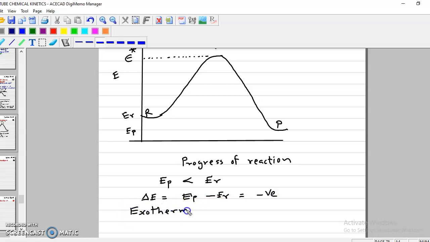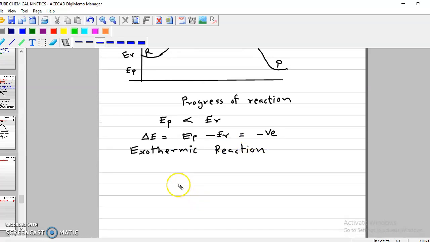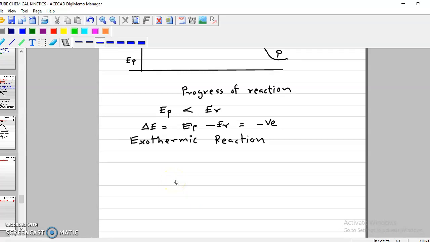For any exothermic reaction, the energy given for breaking of bonds is always less than the energy released when bonds are formed.